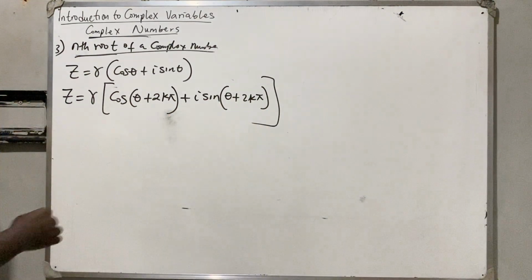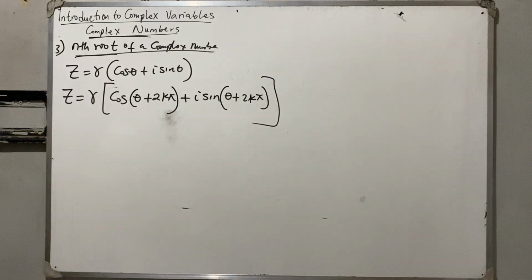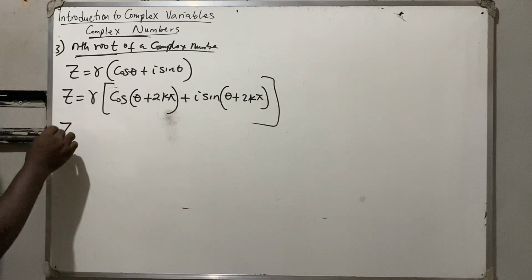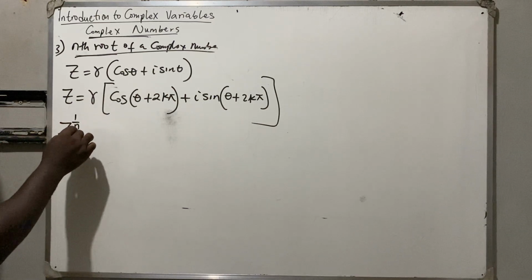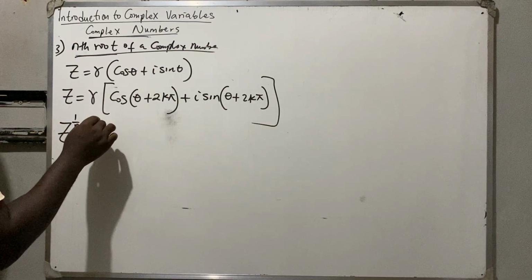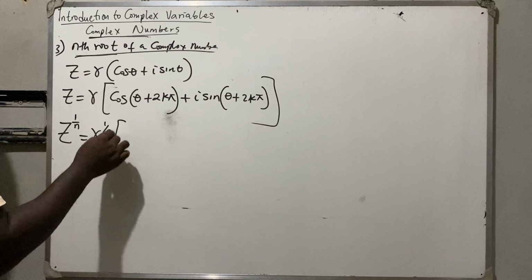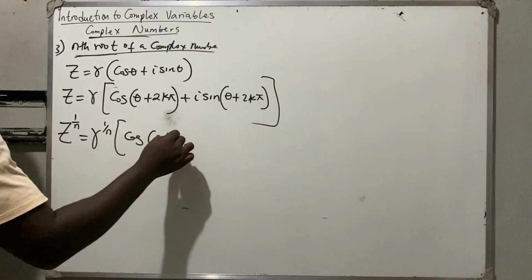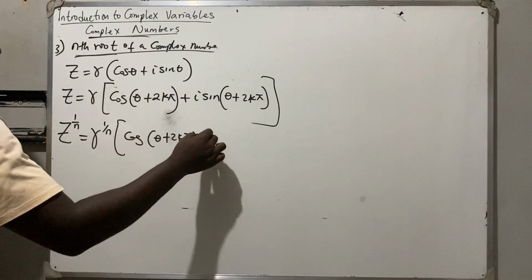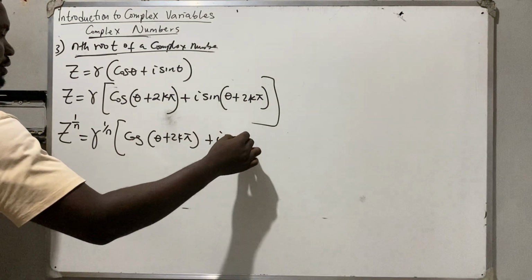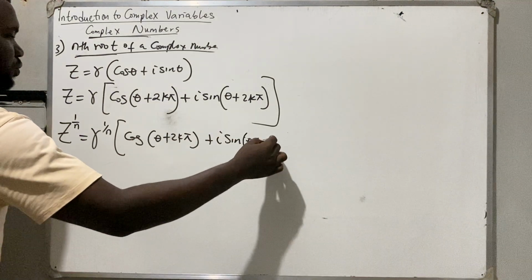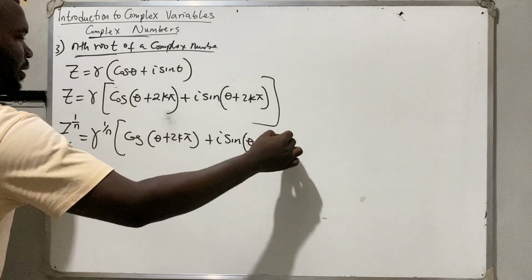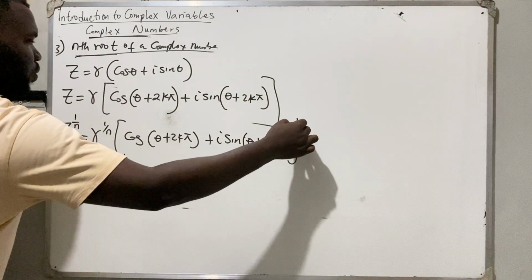Now remember that if we want to take the nth root, z raised to the power 1 over n, it will be r raised to the power 1 over n into cos of theta plus 2k pi plus i sine of theta plus 2k pi, all raised to the power 1 over n.